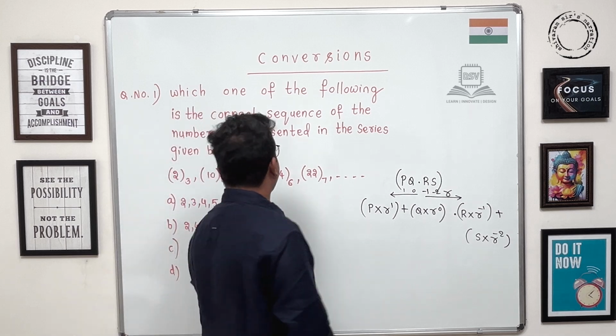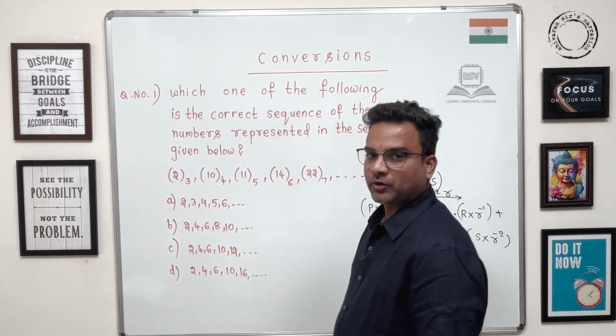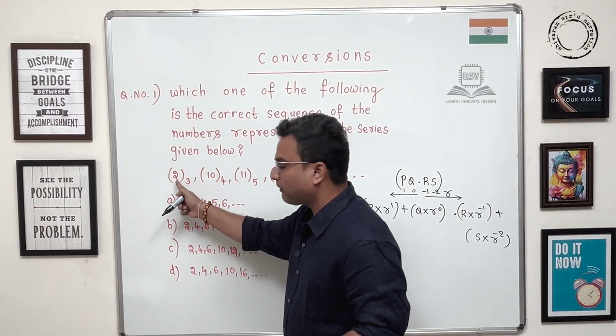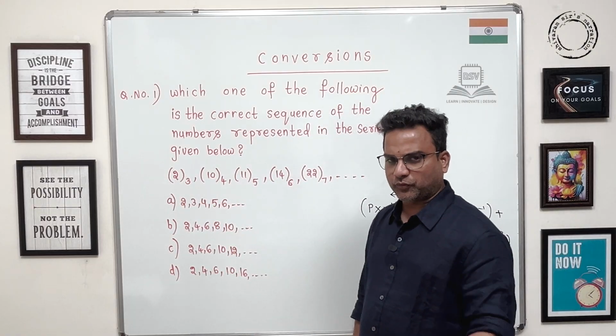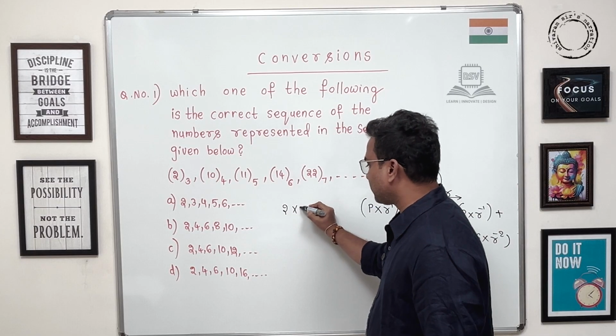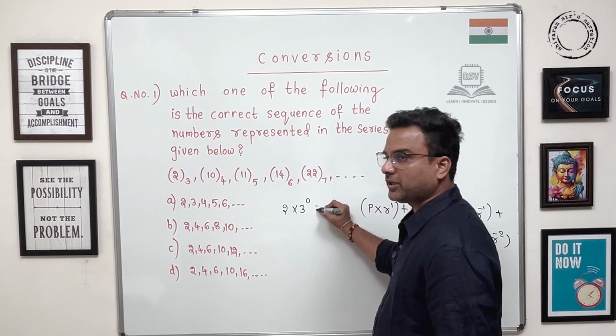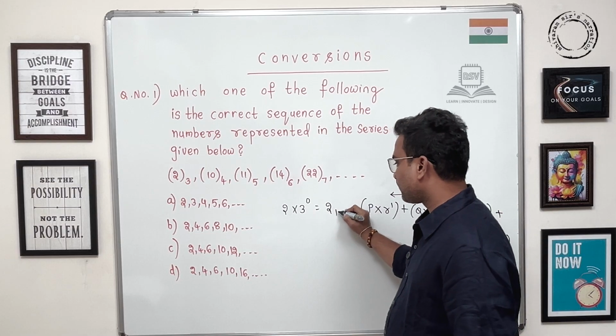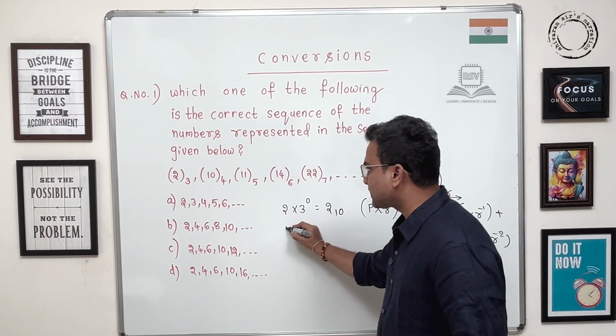In this way, let us take 2. What is the procedure, guys? Here only one digit is there. Therefore, you can say 2 into 3 power 0. Anything power 0 is 1 only. 2 into 1, 2. Next, 1 0.